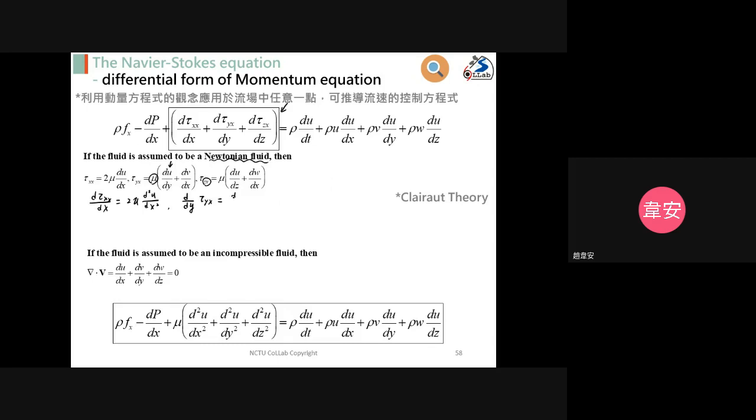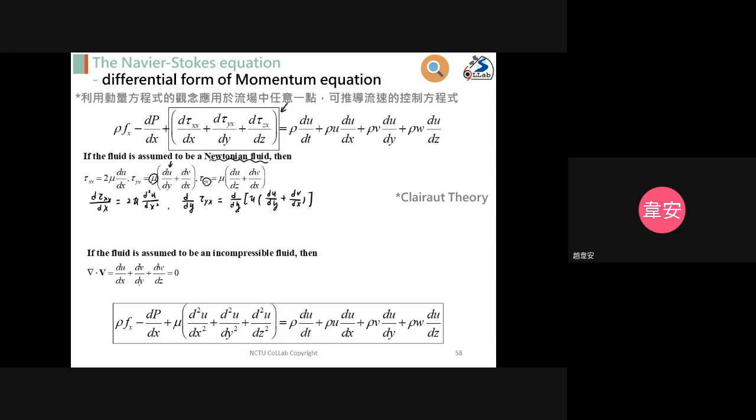So we know that it's ∂/∂y multiplied by μ, and there is ∂u/∂y plus ∂v/∂x.